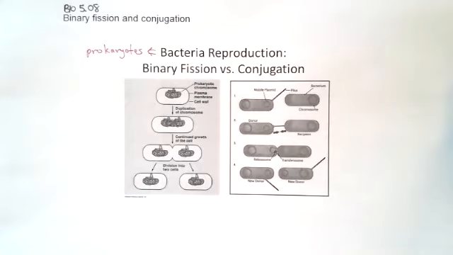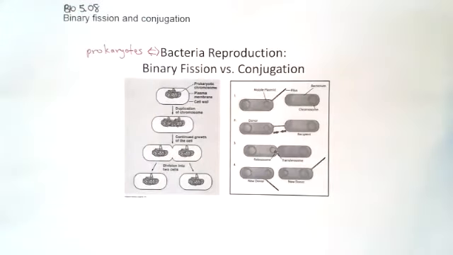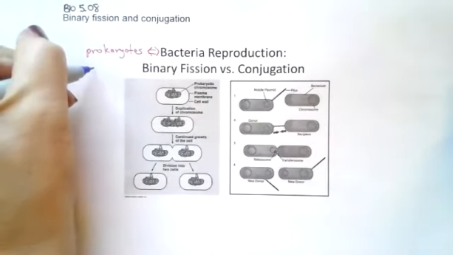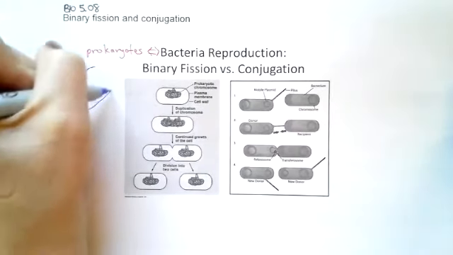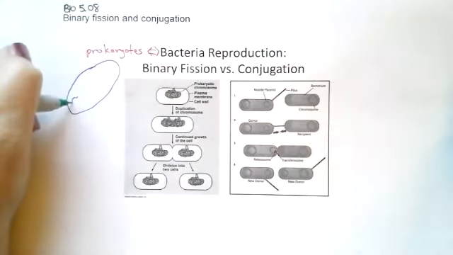Now, prokaryotes don't have DNA in chromosomes or chromatin. What they have, so if this is my bacteria, is a ring of DNA. It's kind of curled up.